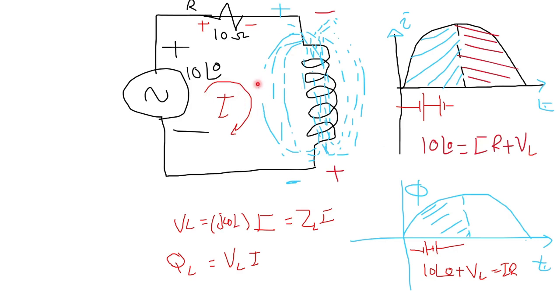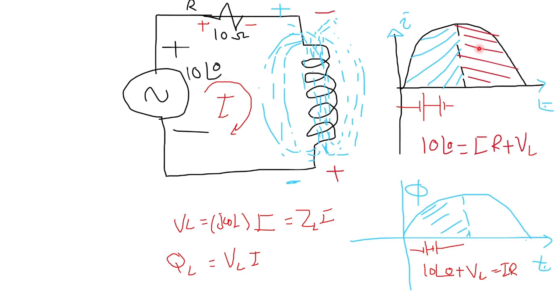Applying Kirchhoff's voltage law to the circuit in the first quarter of the wave, the circuit has only one voltage rise, the voltage source value 10, which equals the two voltage drops in the circuit, IR plus the voltage drop across the coil.